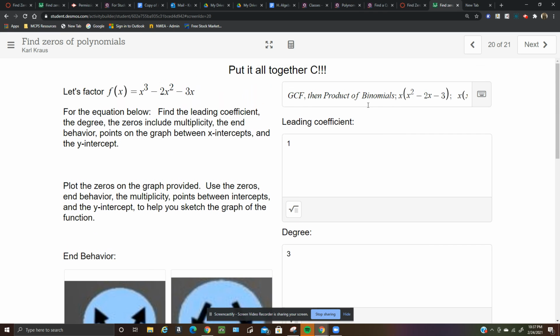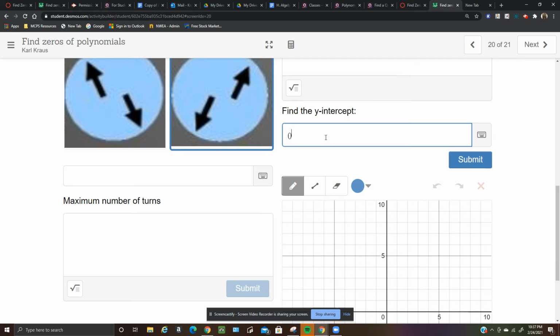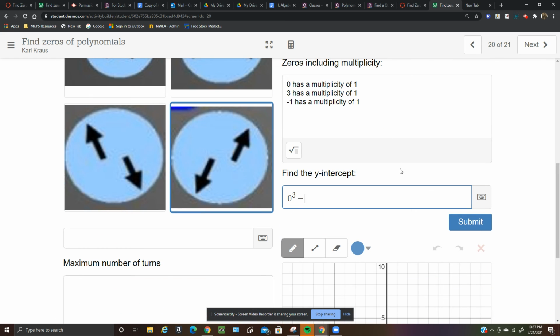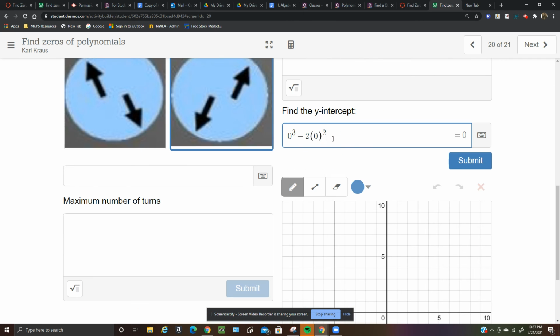And then the y-intercept, plug a 0 in for x. 0 cubed minus 2 times 0 squared, and minus 3 times 0 is 0.